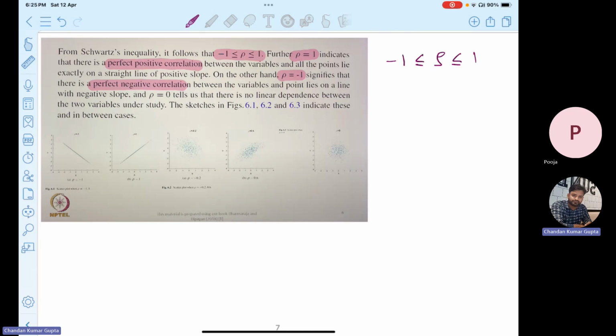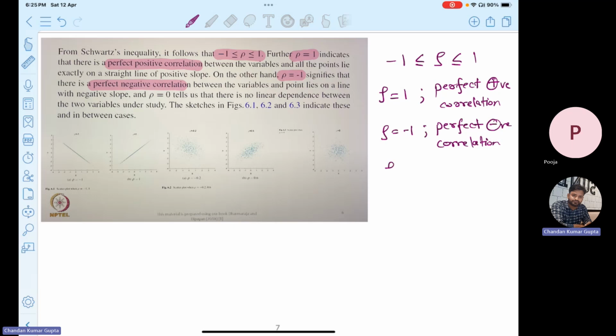If rho equals 1, this means perfect positive correlation. And if rho equals -1, then again it is a perfect correlation, but it is negative. Perfect negative correlation.